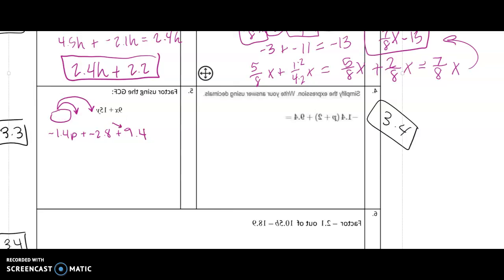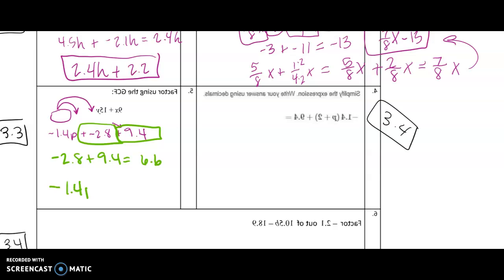I'm now going to box and circle. There's nothing with a p, but I can combine these two. I have negative 2.8 plus 9.4. Those are different signs, so we subtract. 9.4 minus 2.8 is 6.6. So my answer is negative 4.1p plus 6.6.